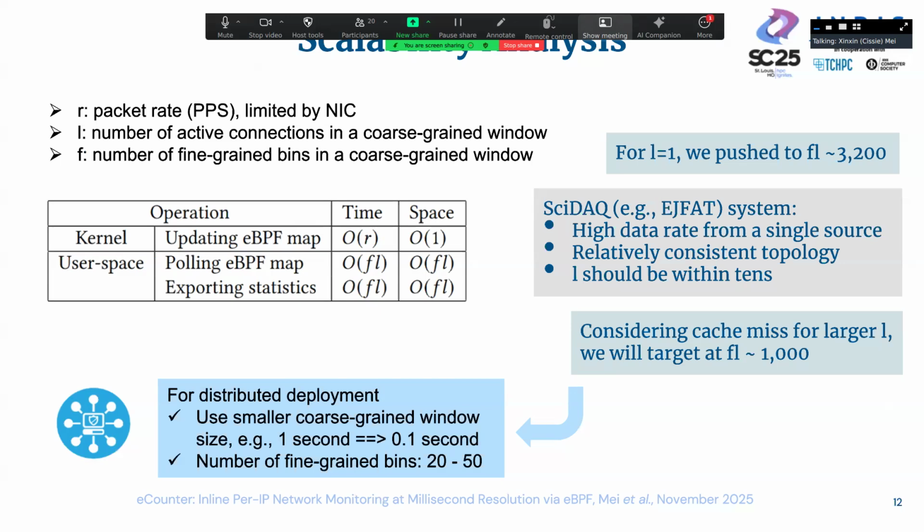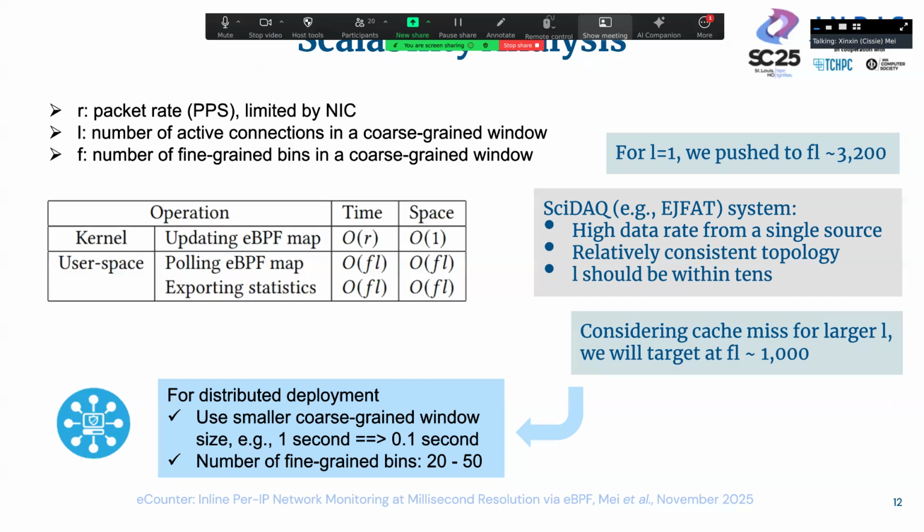This is not related to the user space, but the user space is more complicated, as I deeply feel. The frequency, F, is what I denoted as the number of fine-grained beams in a coarse-grained window.